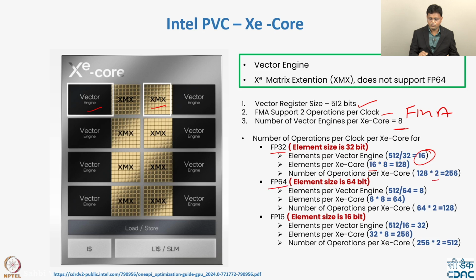Similarly, if I look at double precision data elements, each element stores 64 bits of information. So, here my vector register is able to store only 8 such elements, and an entire XC core can operate on around 64 elements. If it is FMA, then 128 elements can be processed in one clock cycle.